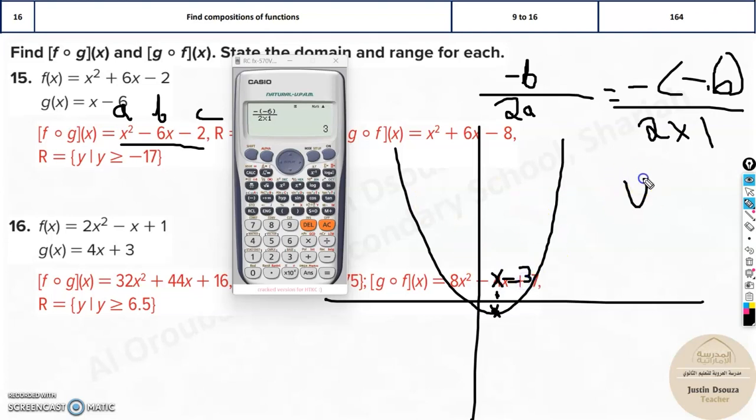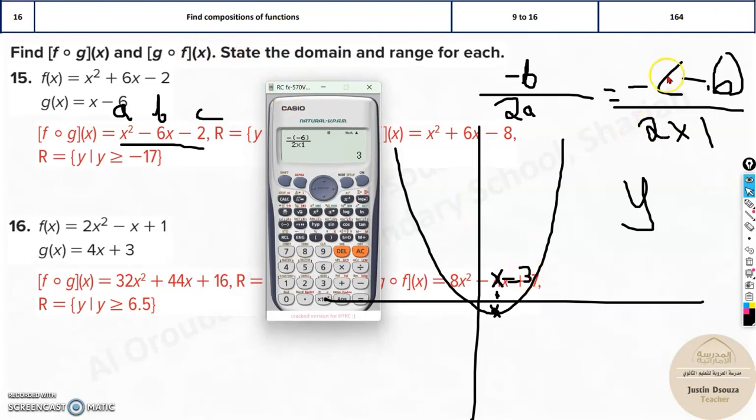But we need range. Range is y value. So all you need to do is substitute whatever you get from here into this equation. Now I will just substitute 3 squared minus 6 into 3 minus 2. And now what is the answer? Negative 11. So the range, this y value is at minus 11.